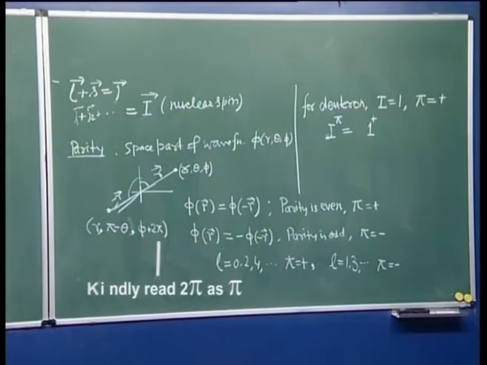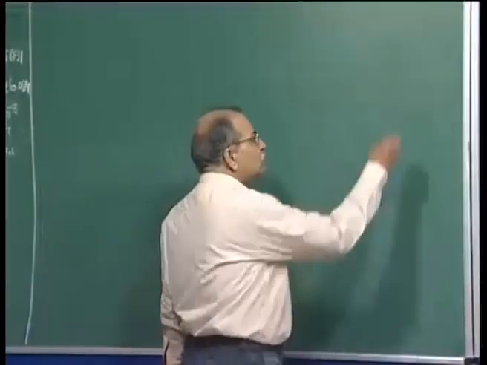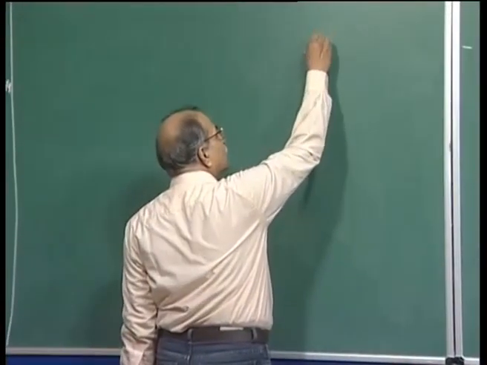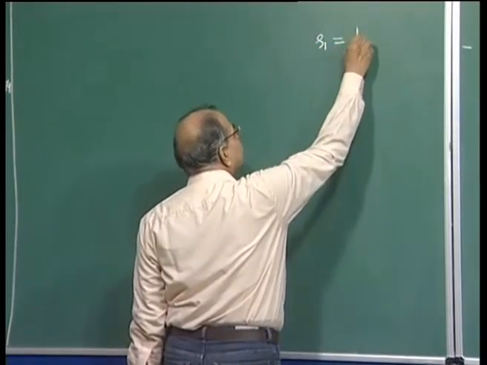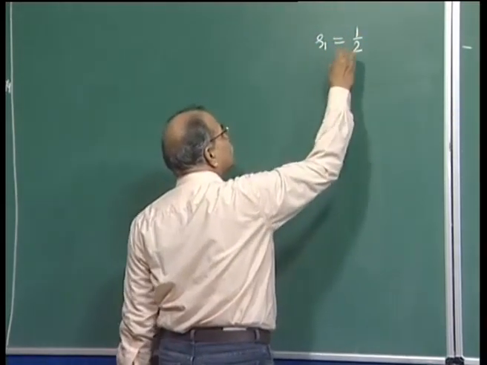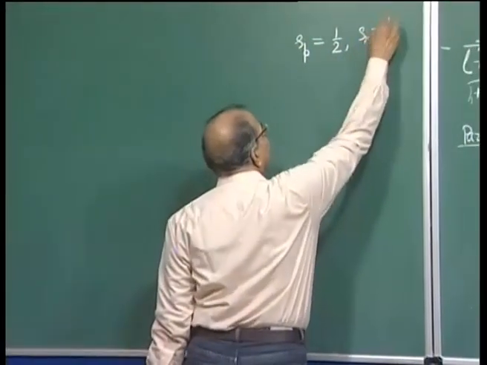Now, if we look at the deuteron, you have two nucleons, okay, one is a proton, one is a neutron, and they will have spin quantum number half, S_p let us say is half, and S_n is also half.